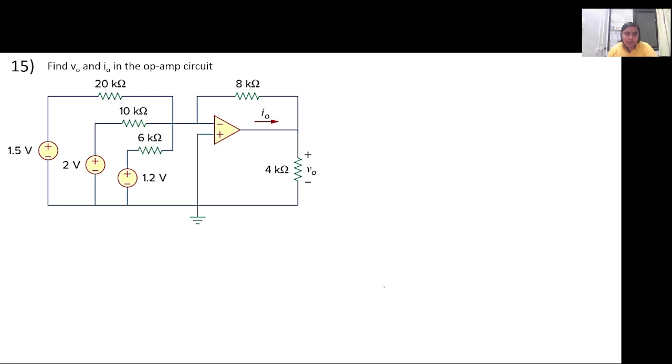This particular assignment is a very scoring one because it is a very straightforward question. So everyone please do it properly. There are just two things you have to do: apply the op-amp condition and apply KCL.